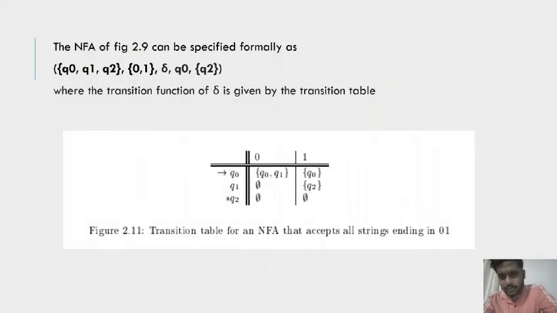The NFA of figure 2.9 can be specified formally as ({q0, q1, q2}, {0, 1}, delta, q0, {q2}), where the transition function delta is given by the transition table, as we can see in figure 2.11.